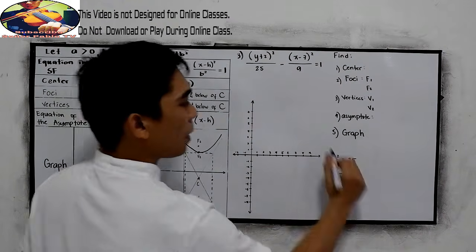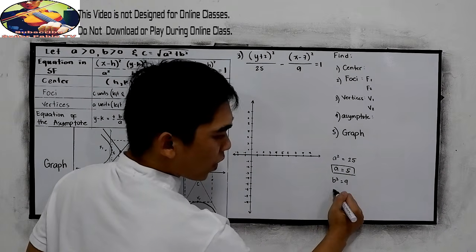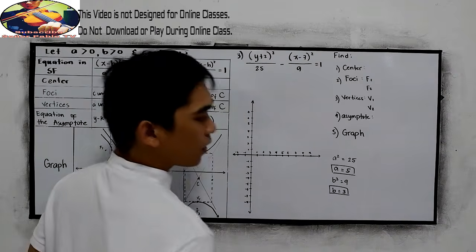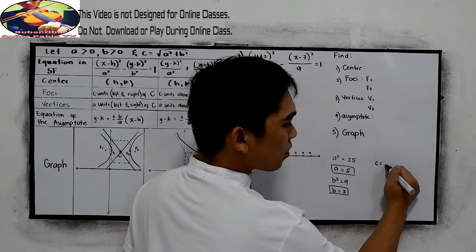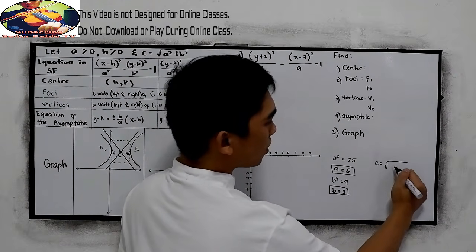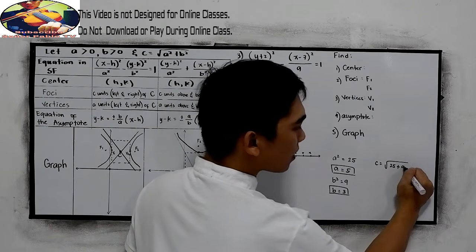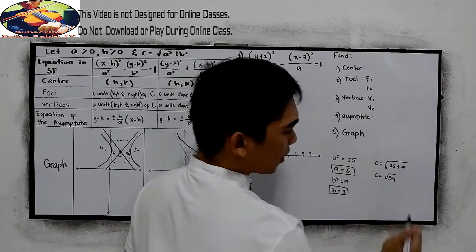Next, our b squared is equal to 9. Extract the square root. b is equal to 3. And for the c, it is equal to the square root of 25 plus 9. So that is the square root of 34.